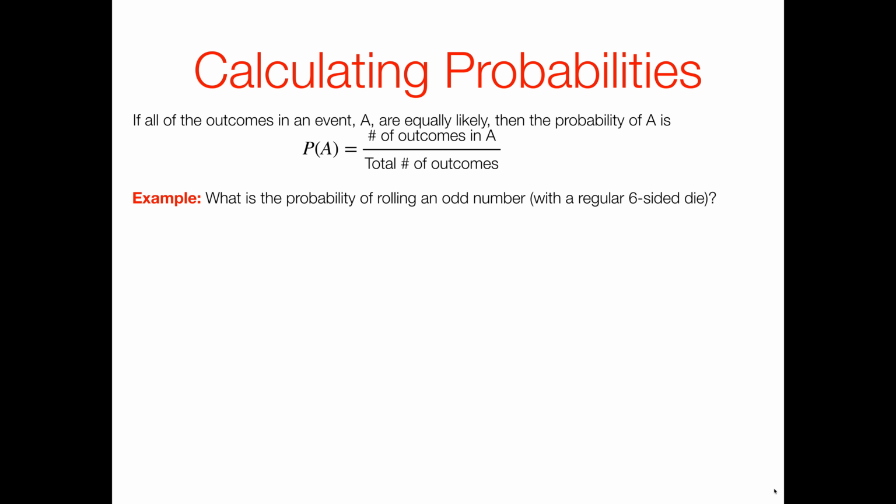So all the numbers are equally likely. Well, that's the total number of outcomes in O divided by the total number of outcomes in our sample space. There were 3 numbers in O, there were 6 numbers in S, so this is 1/2. Probability of rolling an odd number is 1/2. And at least at first, in the beginning of this chapter, this is going to be how we calculate probabilities. They're just a nice counting problem.